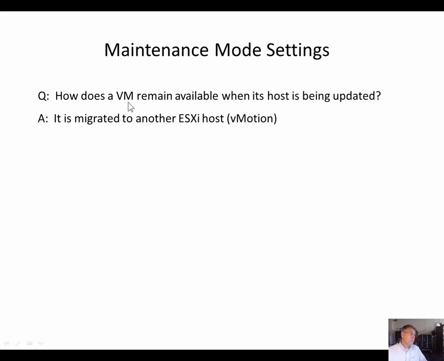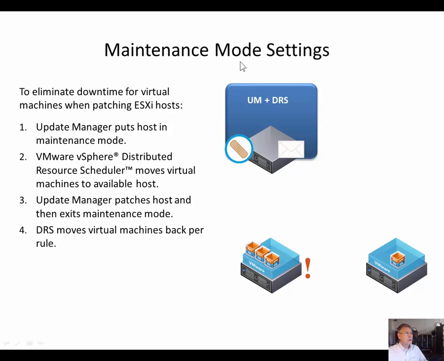So the question is, how does a virtual machine remain available when the host that it is running on is being updated? And the answer is, it is migrated to another ESXi host using vMotion.